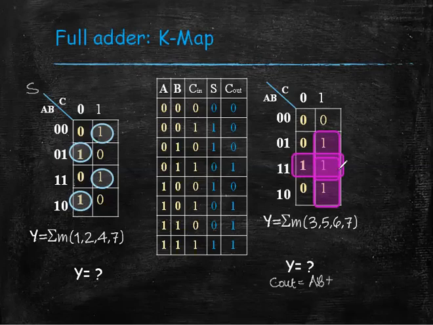In that way A is cancelled, then it is BC.